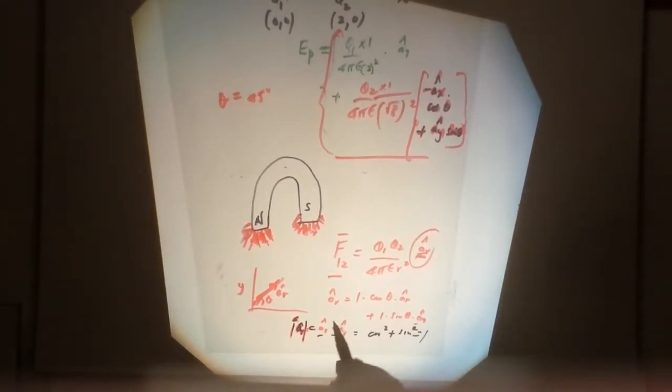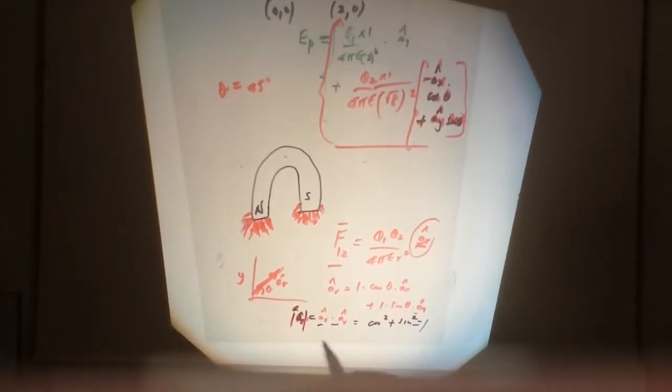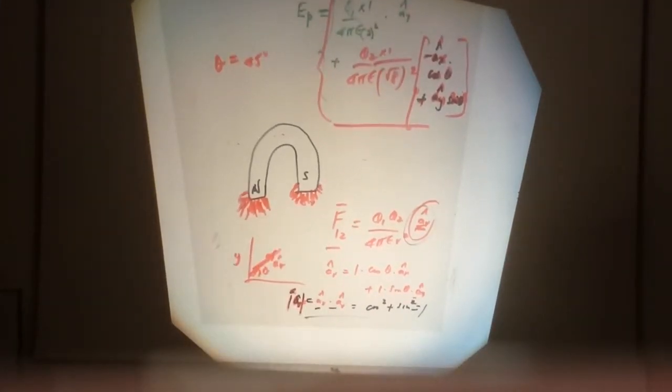Right? You multiply a_r dot a_r, a_x dot a_y is 0, a_x dot a_x is 1, cos squared theta plus sin squared theta is 1. You have to say unit vector.